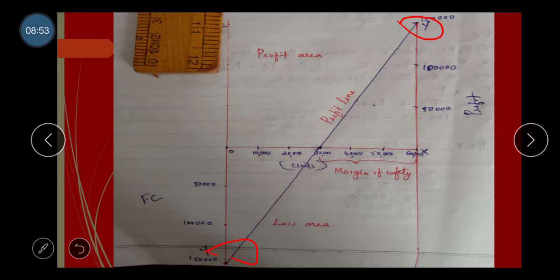So from fixed cost 1,50,000 you are drawing a line to your maximum profit 1,50,000. This profit line is cutting the sales line at 30,000 units. So 30,000 units is your break-even point.